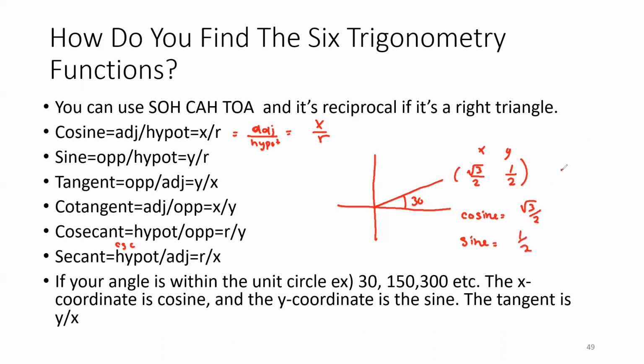And then tangent is y over x. So it's 1/2 over radical 3 over 2, right? And then you can find the rest by flipping it around. Okay, so that's pretty cool. If it's a degree in your unit circle, cosine is x, the sine is the y coordinate.